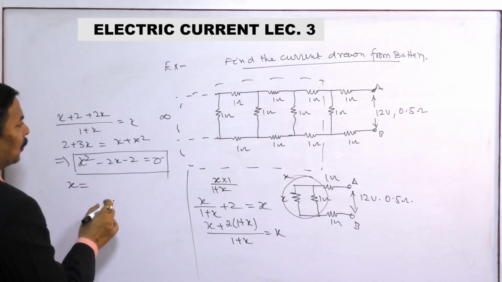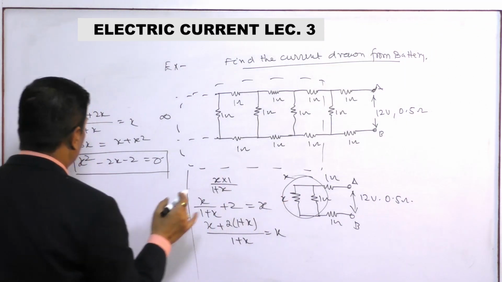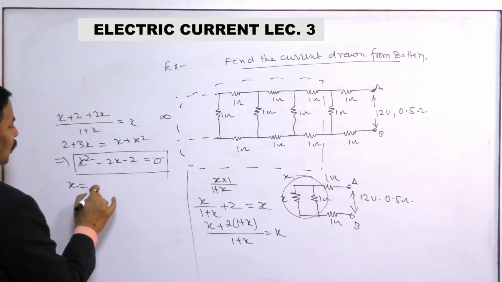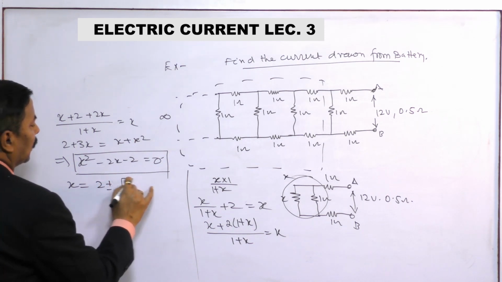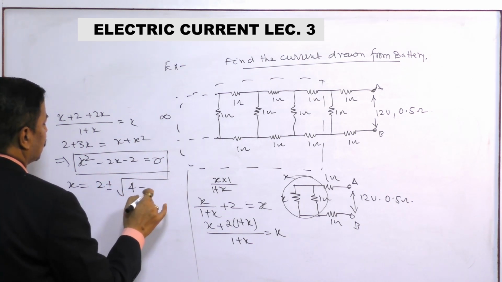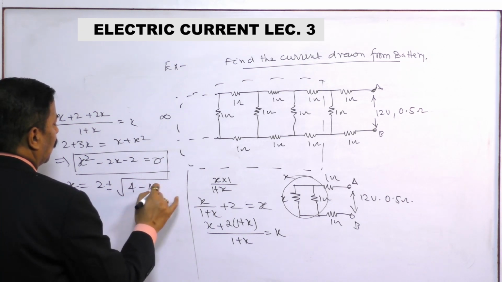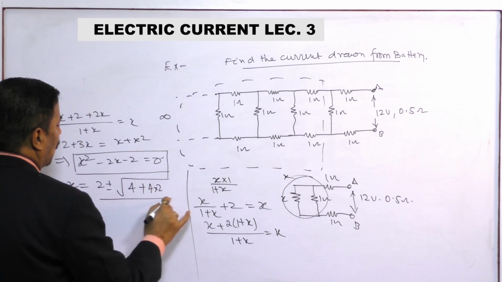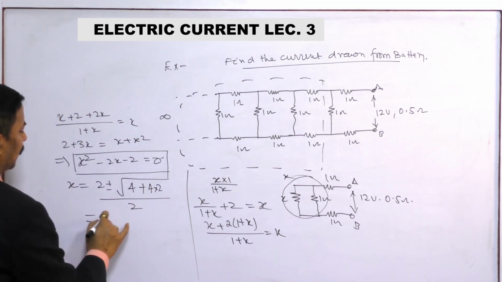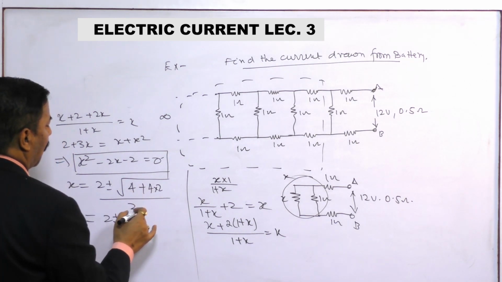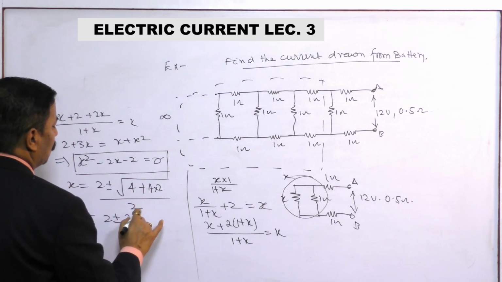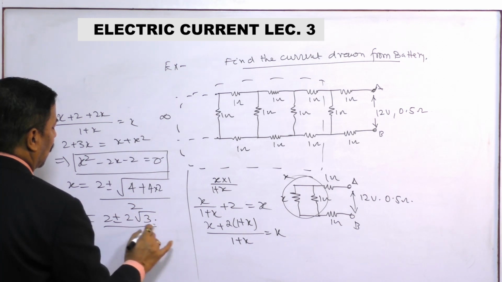If you are getting a quadratic equation, x is equal to how much? x is the equivalent resistance we have taken. So x is equal to minus b, 2, plus minus root under 4 minus 4 into minus 2, by 2. So what are we getting? 2 plus minus 2 root 3 by 2.